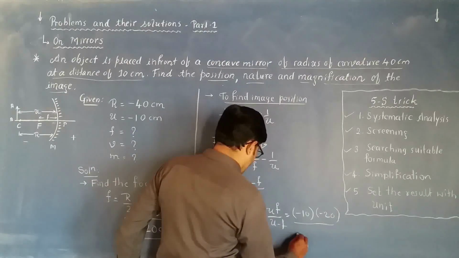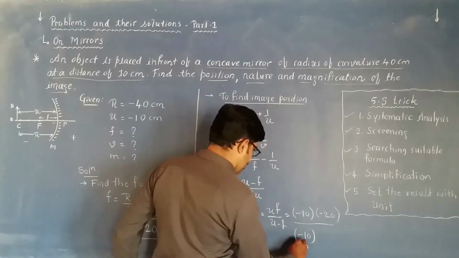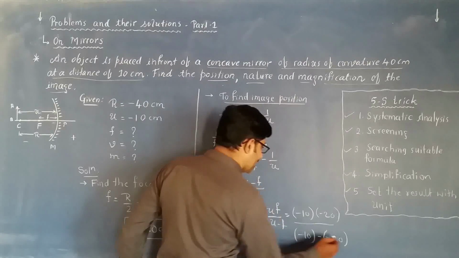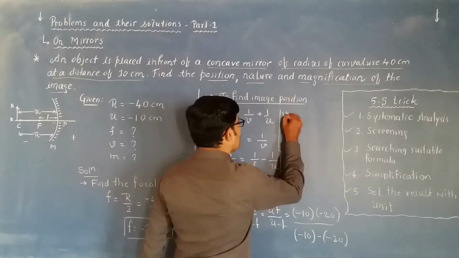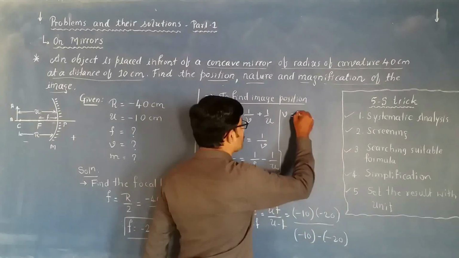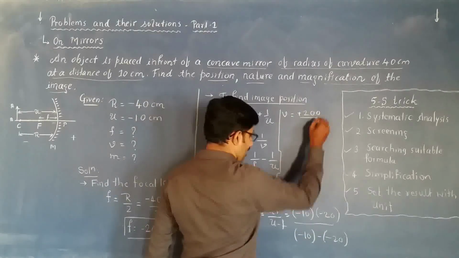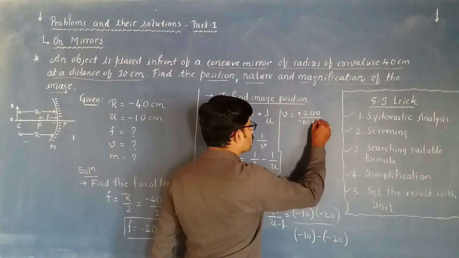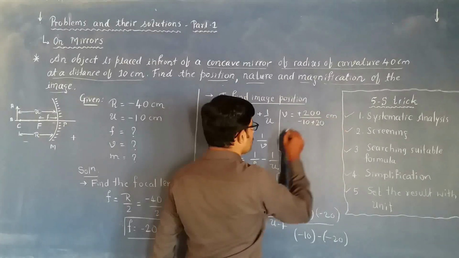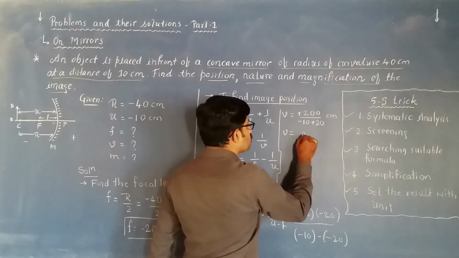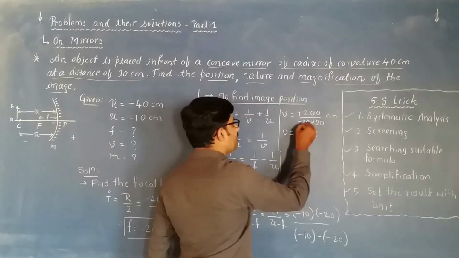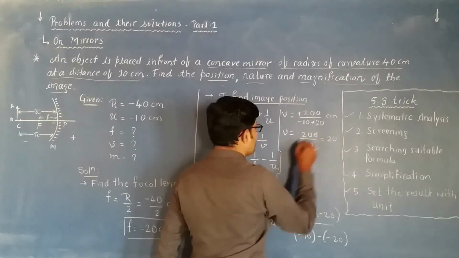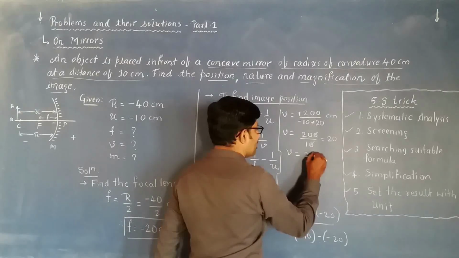So v is equal to minus of minus, that is plus 200, divided by minus 10 plus minus of minus plus, that is 20. 200 divided by plus 20 minus 10 means that is plus 10, and hence you are left with 20. v is equal to 20 centimeter.